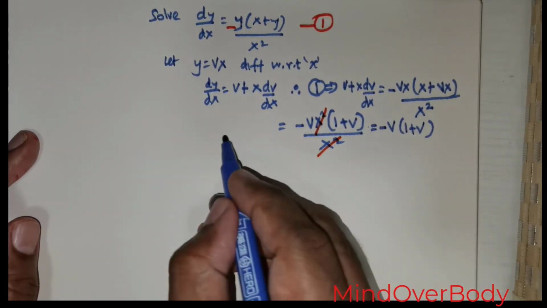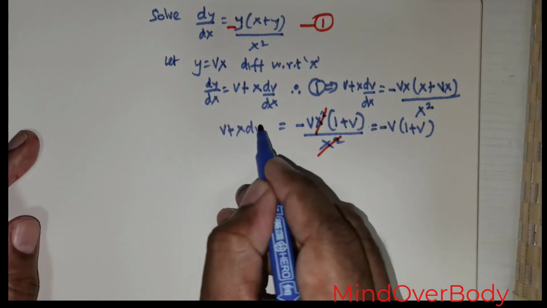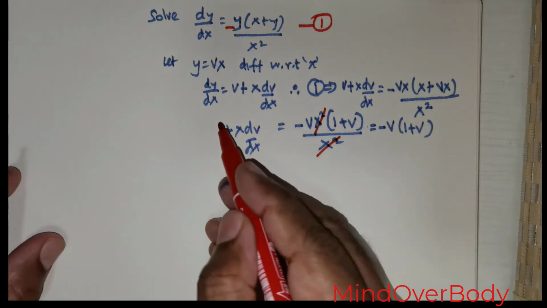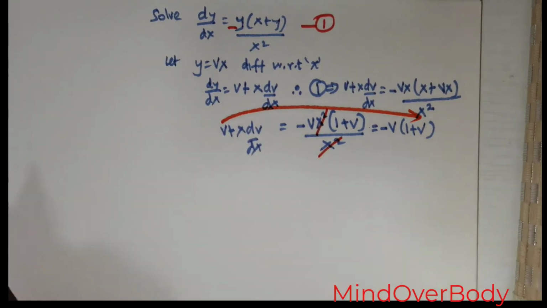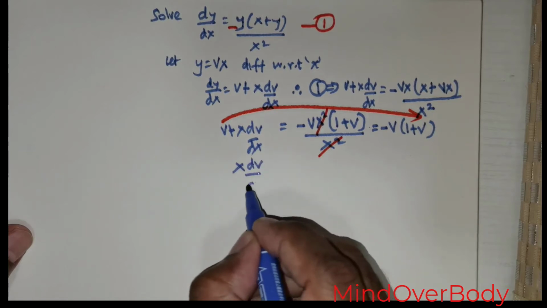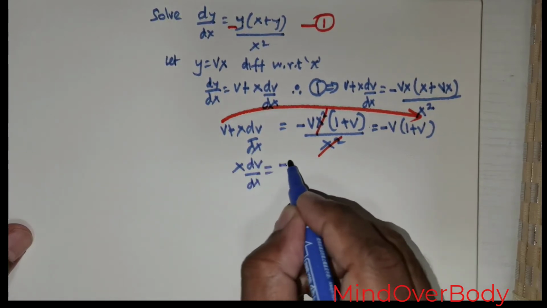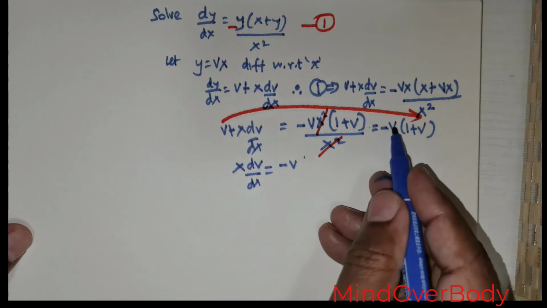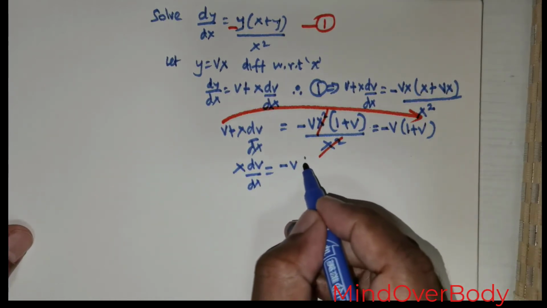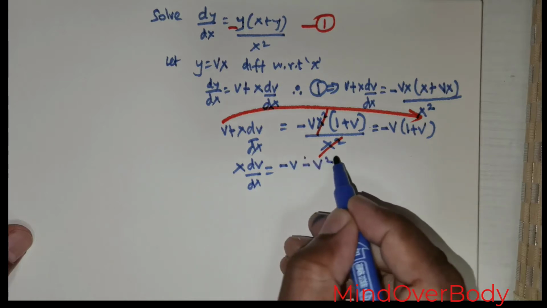Now there is v + x into dv over dx, so this v can be pushed to the right hand side. If I were to do that, I would get x times dv over dx is equal to negative v times 1, which would give me negative v, followed by negative v squared.